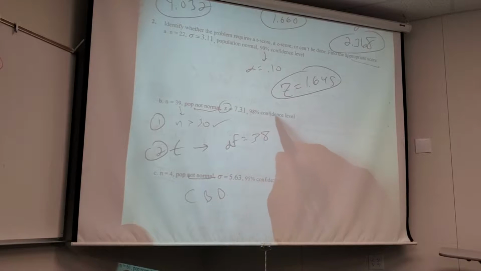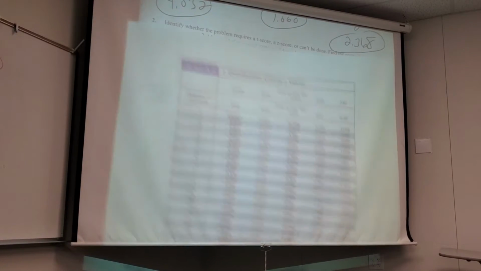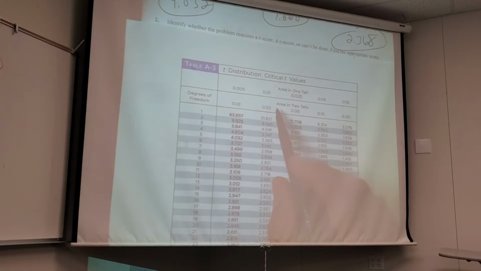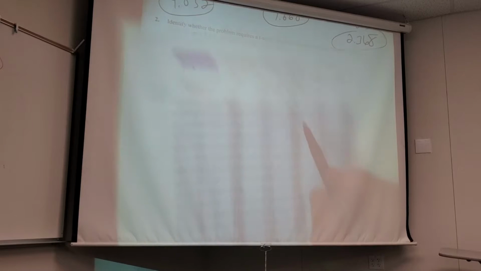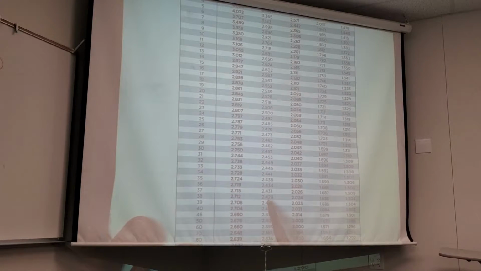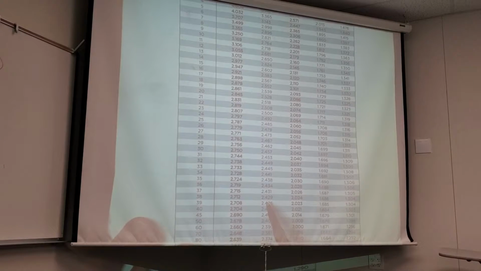My alpha is 0.02. Okay, now I know. So alpha of 0.02 tells me which column to look at, and then I stop at row 38. So 2.429 it looks like. Is that all right? Yeah, okay.